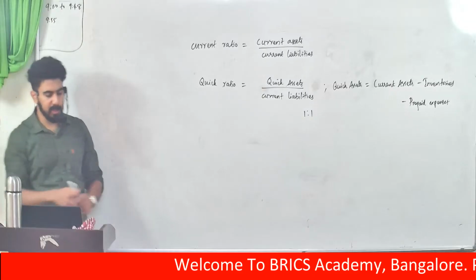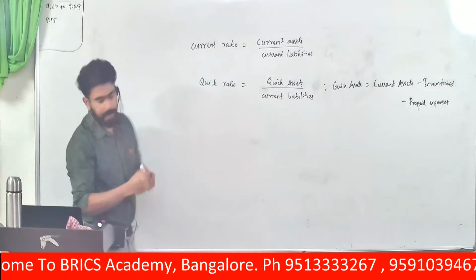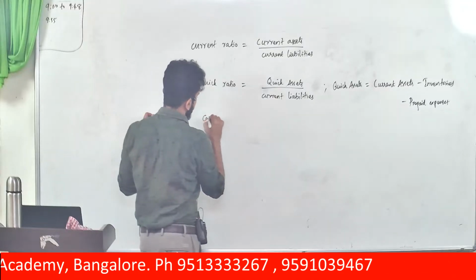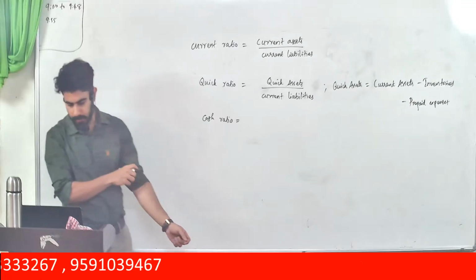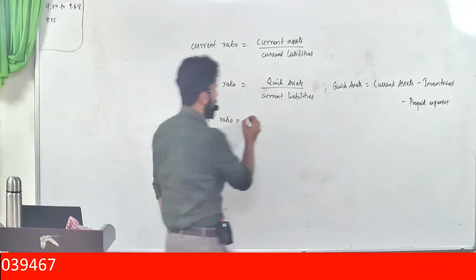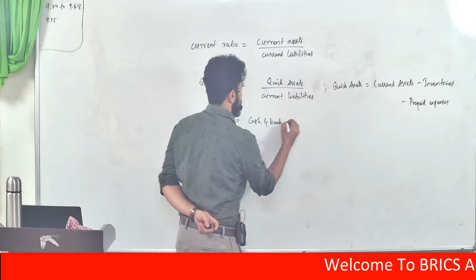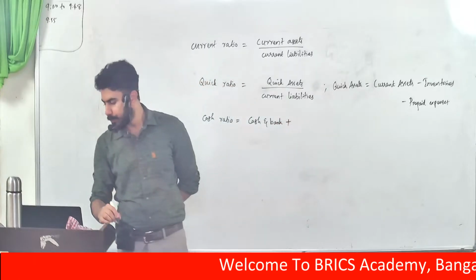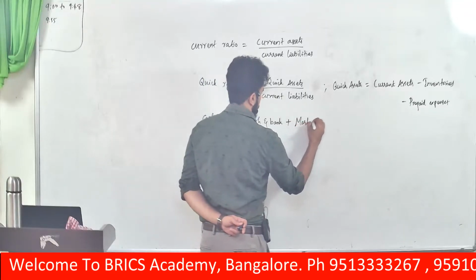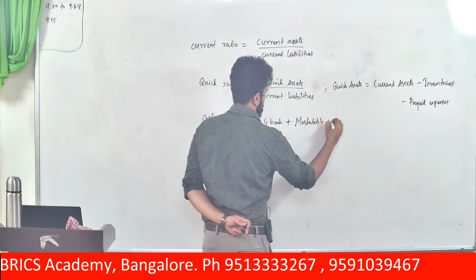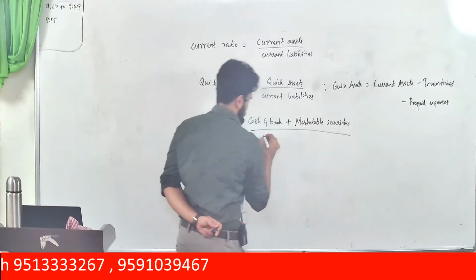The next one is cash ratio. Cash ratio is cash and bank balance plus marketable securities divided by current liabilities.